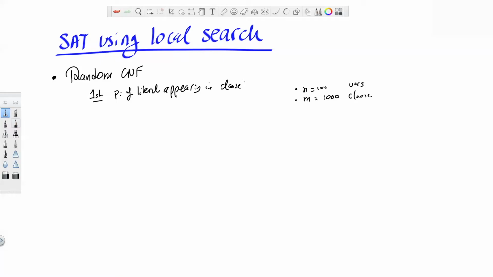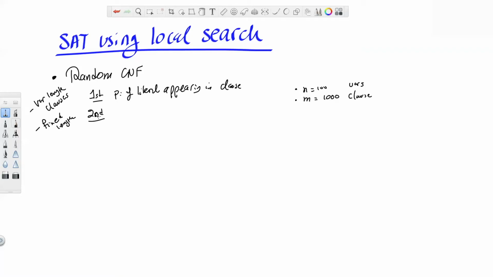As I said, people observed that those were easy, but then they realized that's not a good idea because this is not a representative set of CNFs. Then came the second proposal, which has fixed length clauses, whereas the first had variable length clauses. In this case, you pick a k, and every clause has length k.